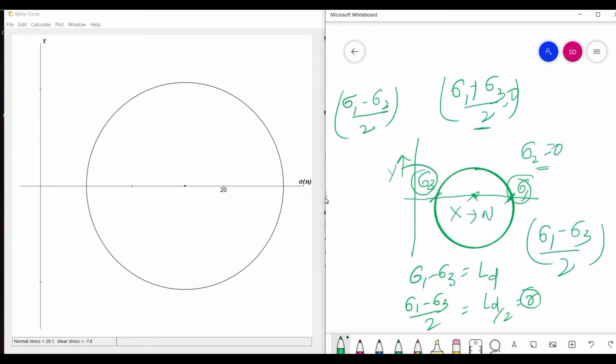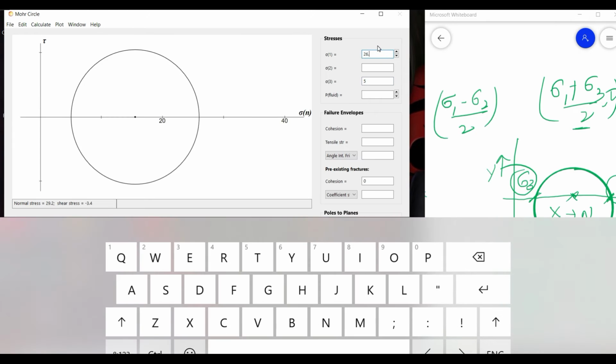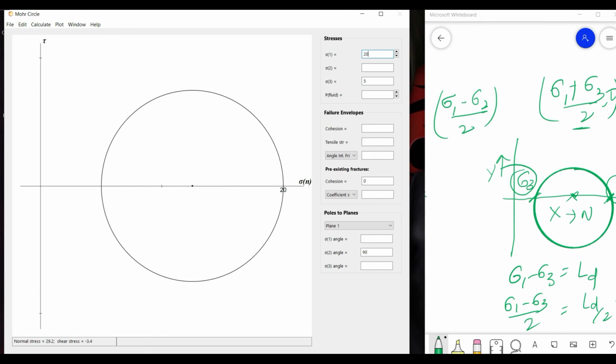So keeping sigma 3 constant but increasing sigma 1 will increase the length of the radius, and hence it will increase the size of the circle, like this. Okay, we'll set the value to 20 again.